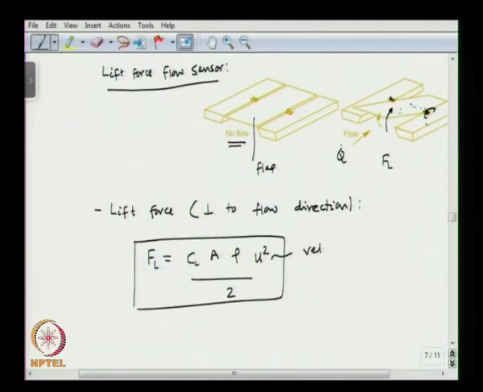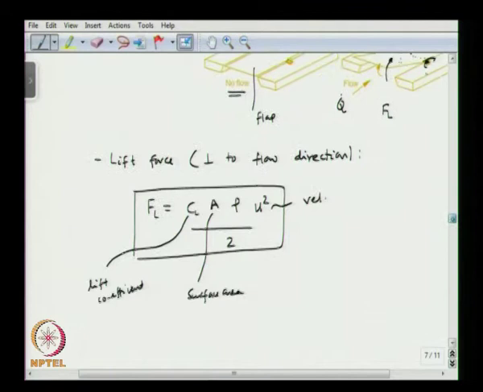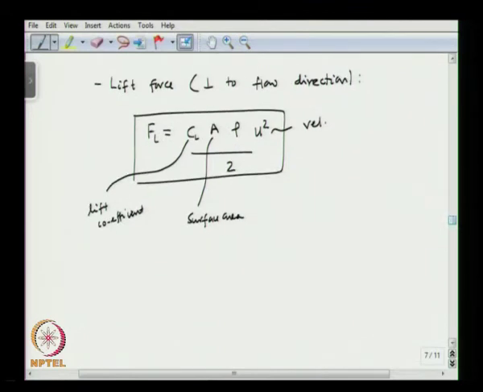So, u is the flow velocity which is related to the flow rate, and C_L is the lift coefficient, okay. A is the surface area and rho is the density. Okay. So, what we have here is like an airfoil structure.